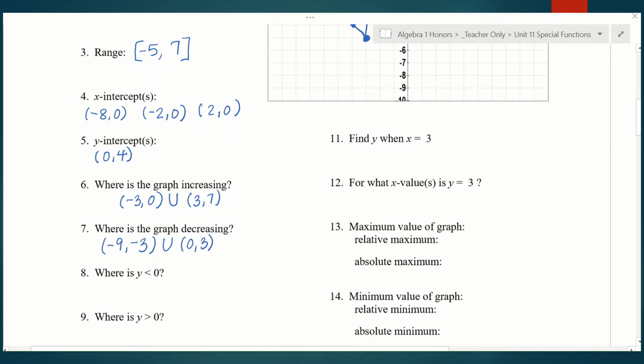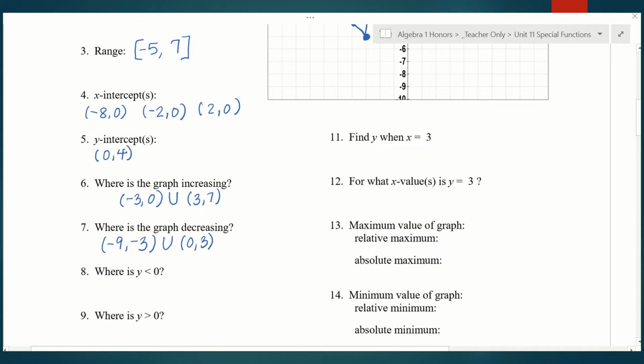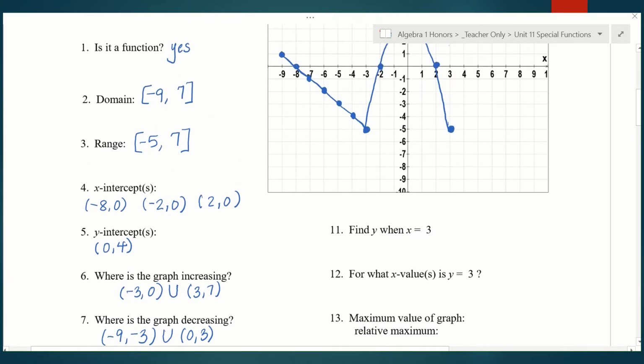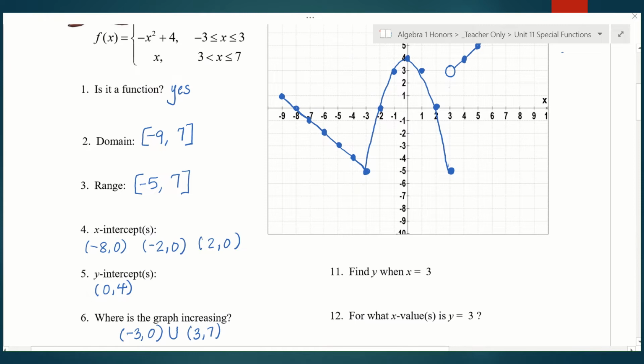Okay. Number 8, where is y less than 0? So what does this mean? This means basically where is y negative? So looking at your graph, if I were to cover up the first two quadrants, because those two quadrants mean y is positive, I need to see the intervals below. Okay, so y begins being negative when x is -8.